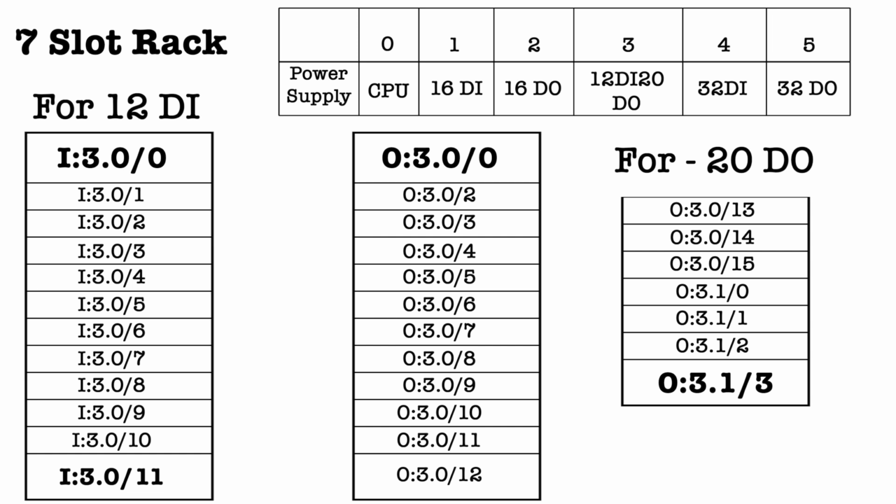So by this we have addressed a total of 16 digital outputs, but there are 4 left. To address the 4 remaining digital outputs, we will pick the second word. What will be the addressing format? It will be O:3.1/0, 1/1, 1/2, and end at 1/3.